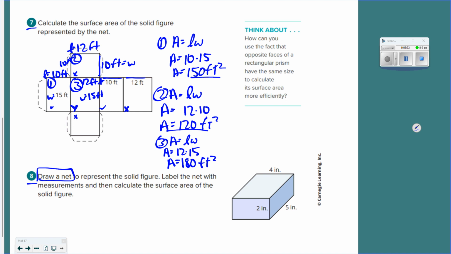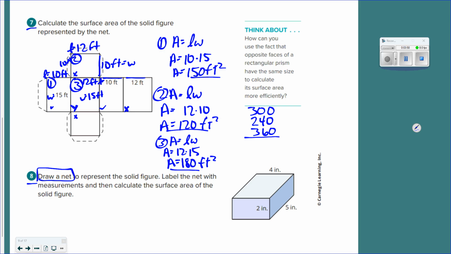Okay. Now, how many of each of these do I have? 2. So I'm going to take the 150 and I need to do it times 2, which is 300. I need to do 120 times 2, which is going to give me 240. I need to do 180 times 2, which is going to give me 360. And then now what I need to do is add those 3 numbers.